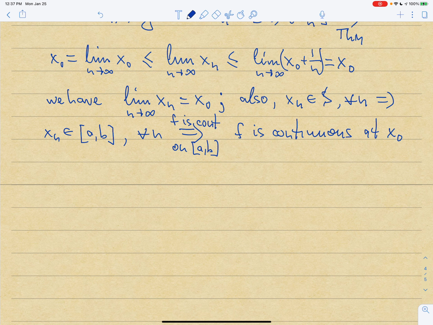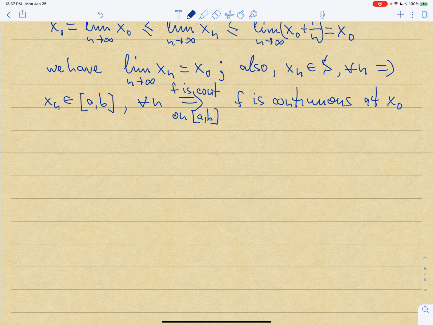So f is continuous at every xn, and f is continuous at x0 because x0 belongs to the interval from A to B as well.